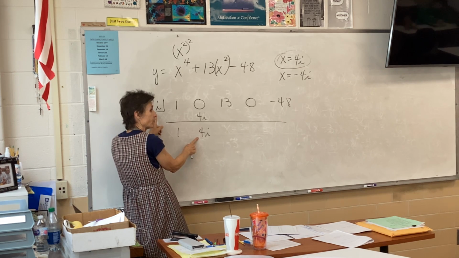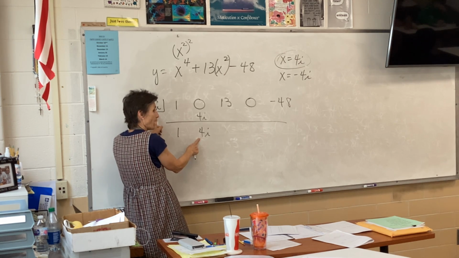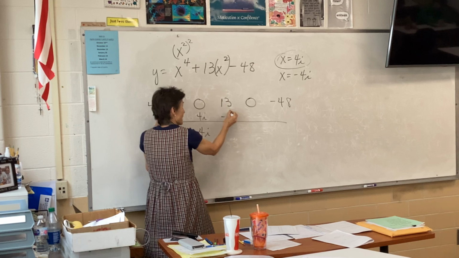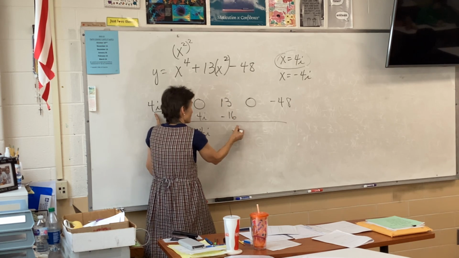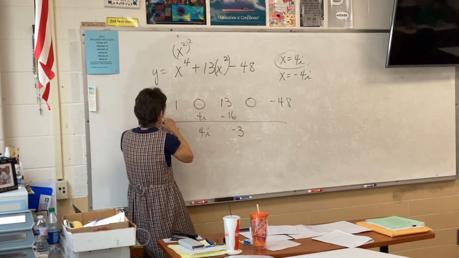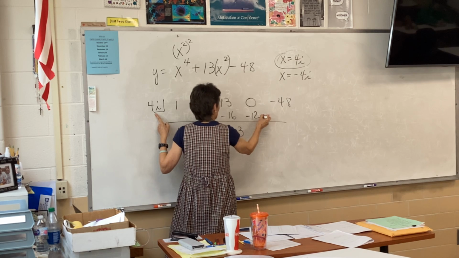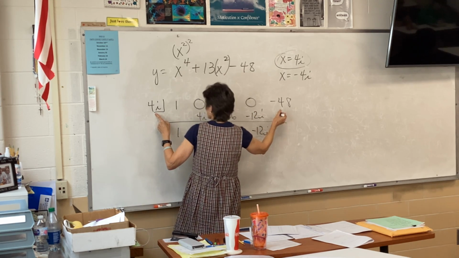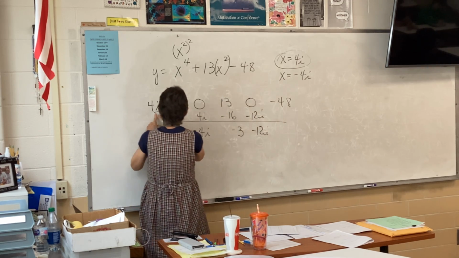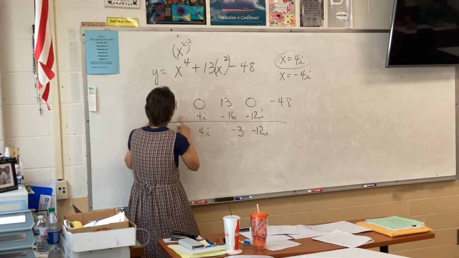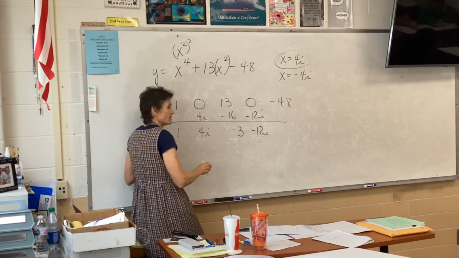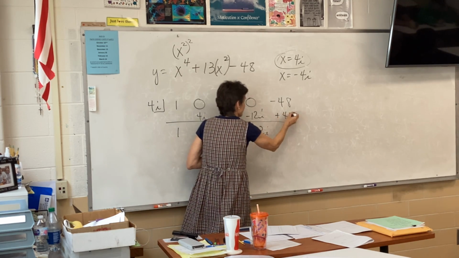I don't really need to FOIL. 4i times 4i is 16i squared, which is negative 16. Okay, this is going to be negative 48i squared, which is plus 48.